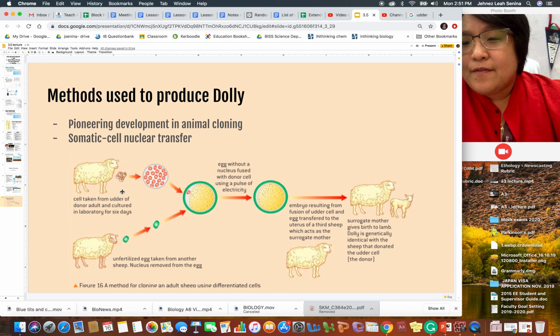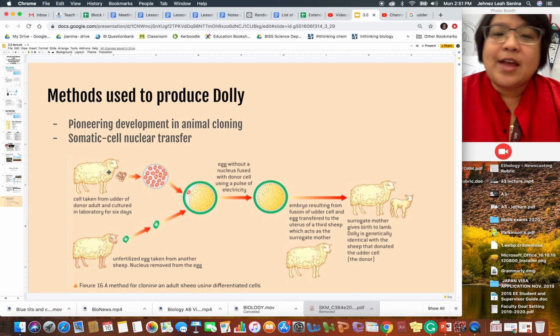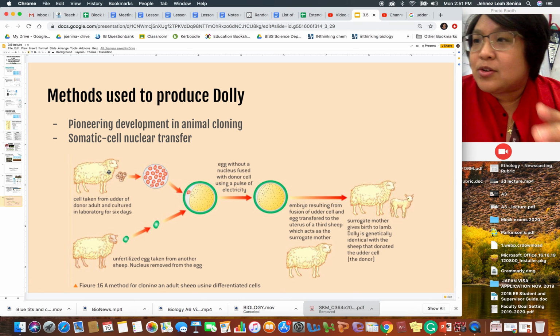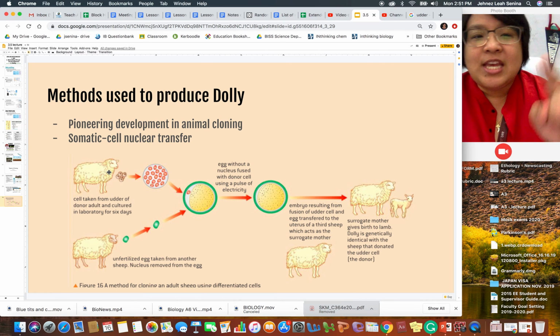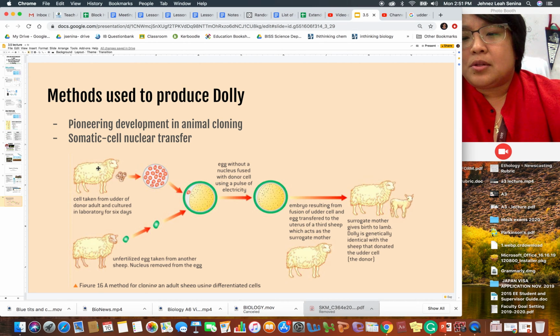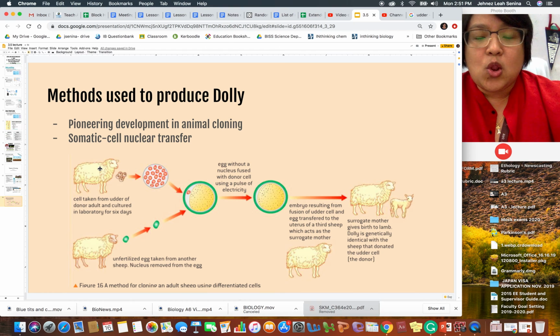So you actually have three sheep to think about, or ewe, a female sheep, E-W-E, that's you. So this was the original sheep that they wanted to clone. They took a body cell from this sheep, specifically cells from the udder, the mammary glands of this sheep.